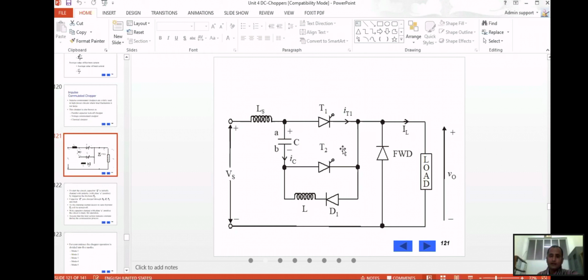They use two thyristors, a diode, a freewheeling diode, and inductors, including the source inductors and inductor L1. There are five modes of operation, so we have to classify this into five modes. With the help of the capacitor and inductors, commutation is possible without using an external circuit in this type of impulse commutated chopper.